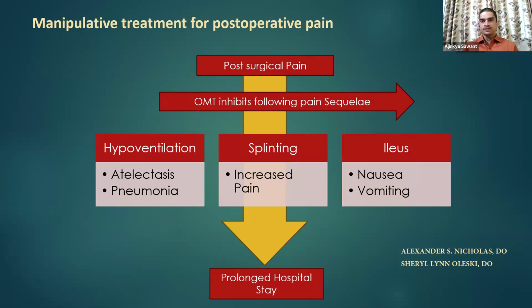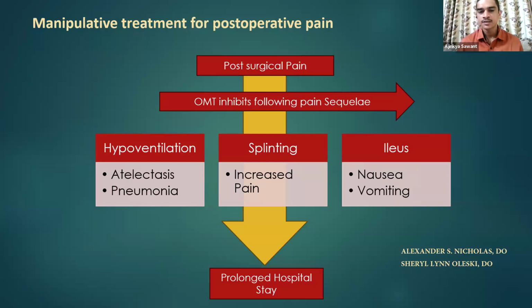I have a question for you. What is ileus? Have you come across any patient with ileus? Why does ileus cause nausea and vomiting? Simple question. What is ileus, and why does it cause nausea and vomiting? And when all this comes, hypoventilation, splinting, ileus, that prolongs hospital stay.